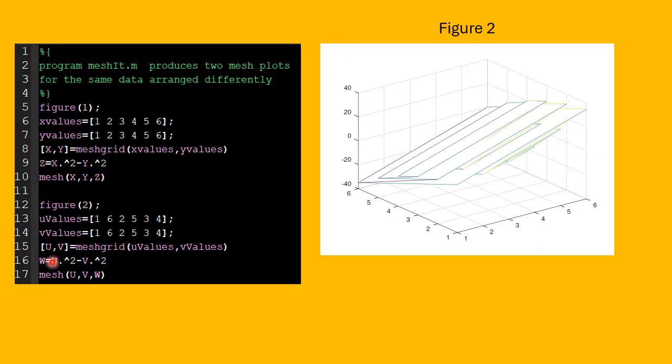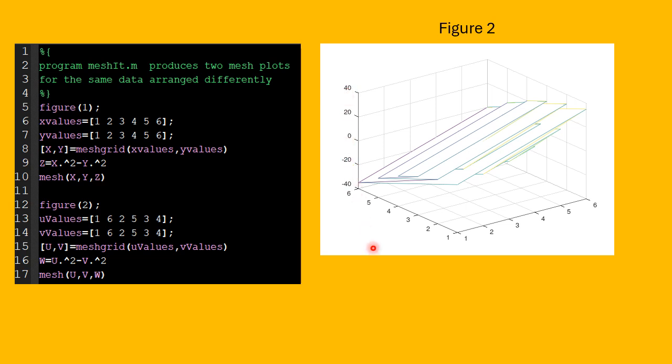So the MATLAB code, or equivalently Octave code, that produced figure 2 gave us what looked like overlapping shingles and not really the smooth curve that we would expect for W equaling U squared minus V squared, where we are graphing in the UVW plane.